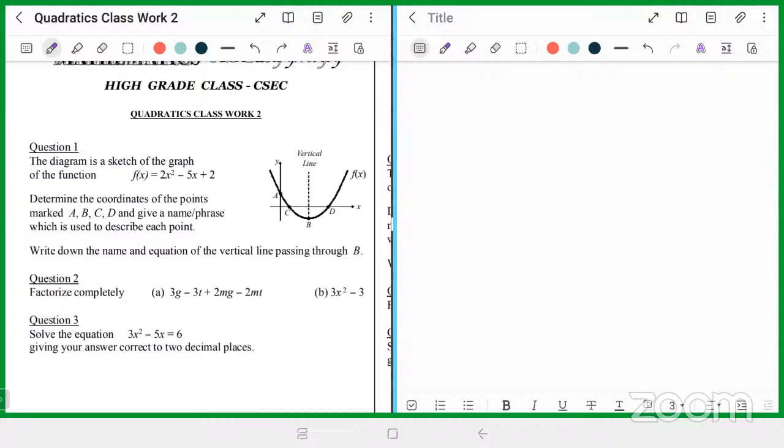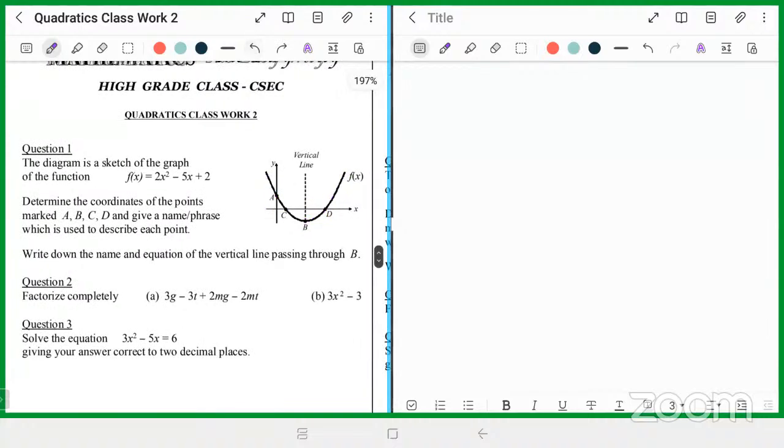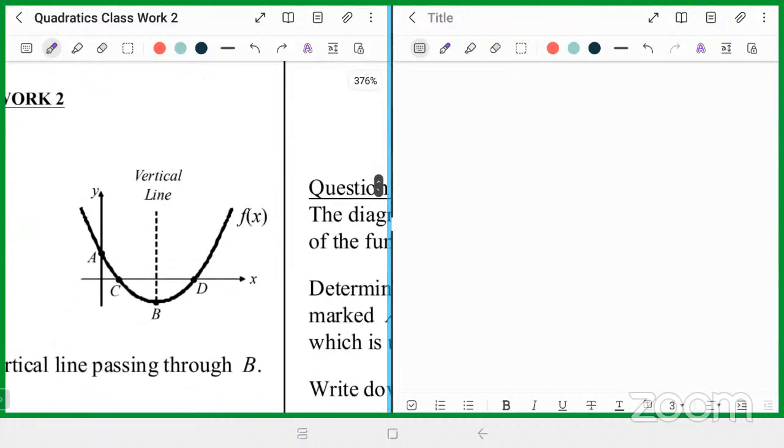All right, so represented with this graph, it's a graph of a quadratic function. The diagram is a sketch of a quadratic function, and this is that function. All the critical features of this quadratic function are shown. This is the curve right here. So we have A, which we know is a y-axis intercept.